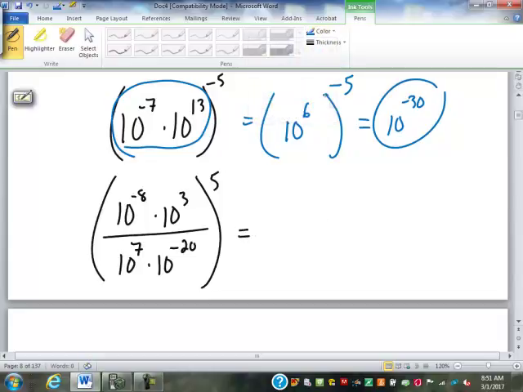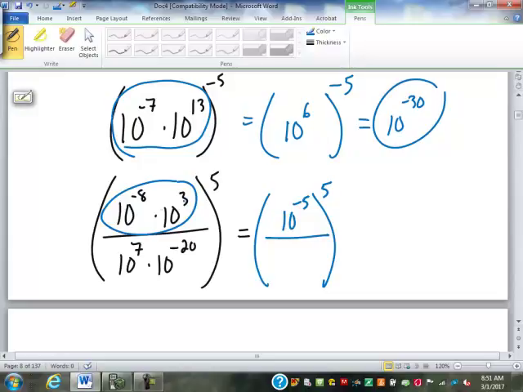Where would I start here? 10 to the negative 8 times 10 to the third is 10 to the negative 5th, yes. Negative 8 plus 3. Down bottom, 10 to the 7th times 10 to the negative 20 is 7 plus negative 20, which is negative 13.